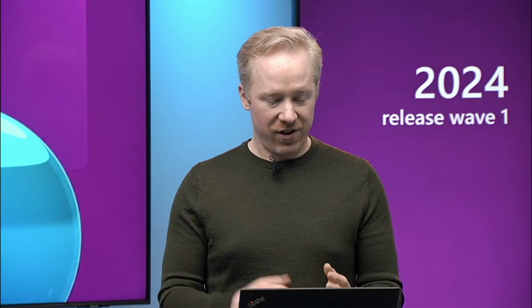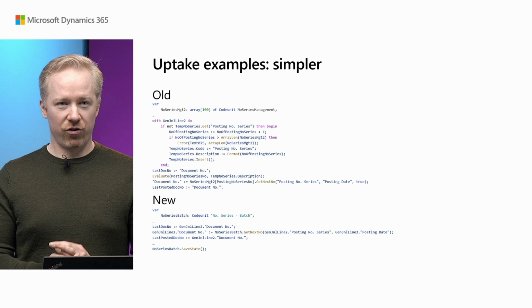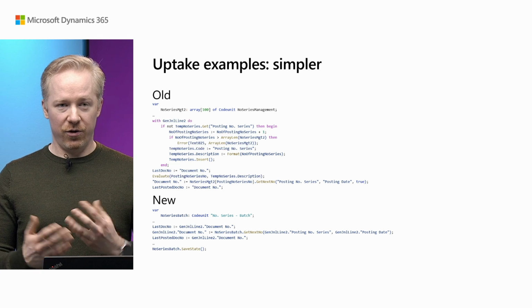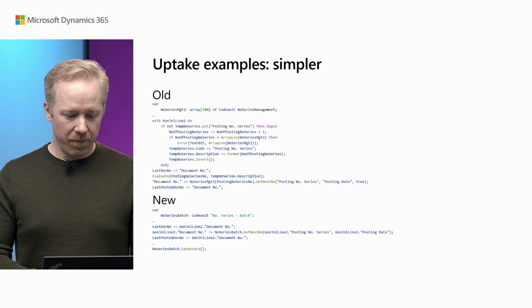However, this is quite convoluted. It's not very simple to do in other places, it doesn't look too nice, and we have a limitation of 100 number series. Now, you're probably not going to run out of that, but why have a limitation in the first place?